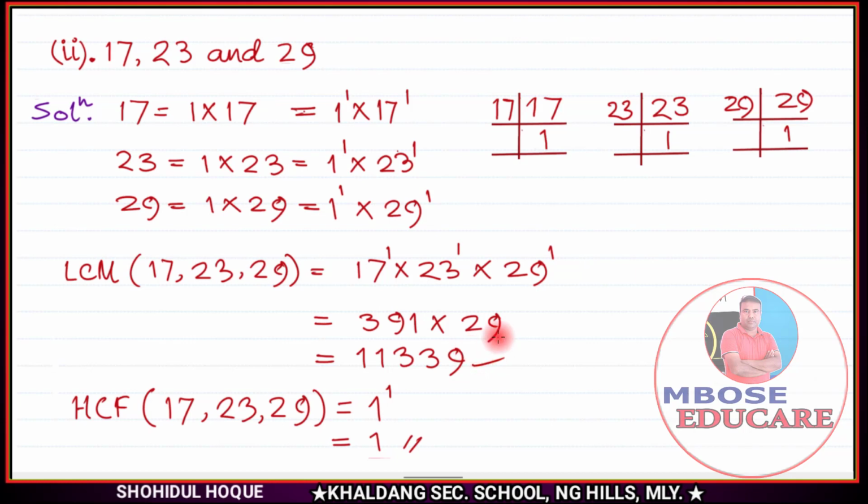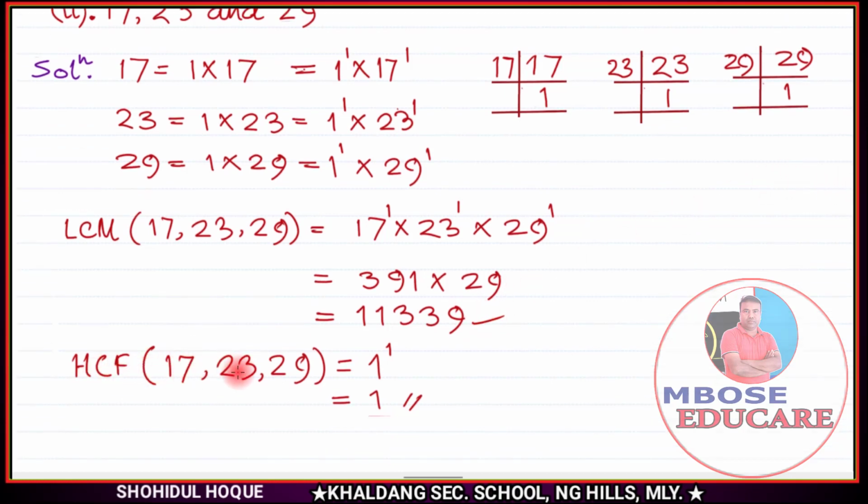Alright. Now we have to find out the HCF. HCF of 17, 23 and 29 is, which number is common in all? As we know, that is 1 only. As we know, 1 is not a prime factor, but that does not matter for the HCF. And these numbers are called by a special name, co-prime.